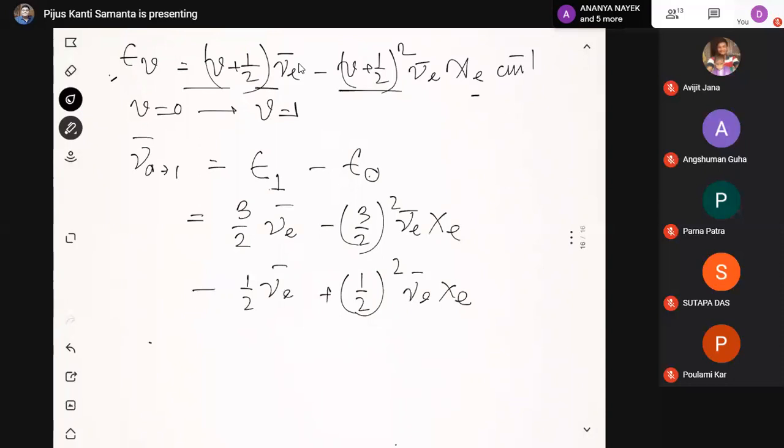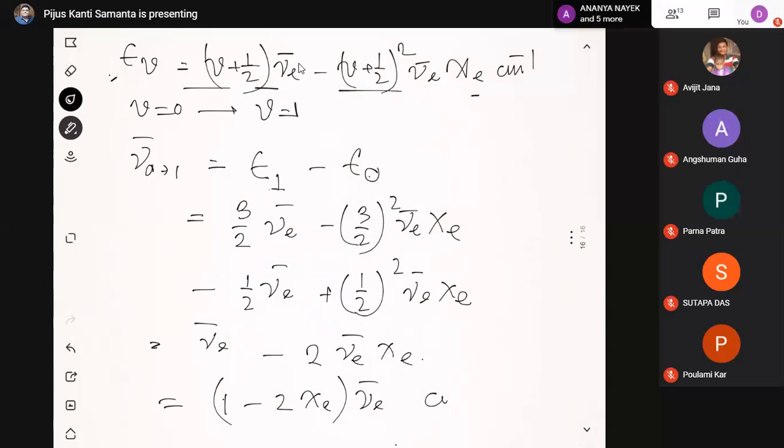So this is nu e bar minus 3 fourth plus 1 fourth, that is minus 2 basically. But this will be 1 minus 2 chi e nu bar.